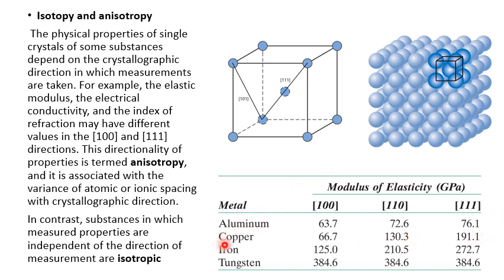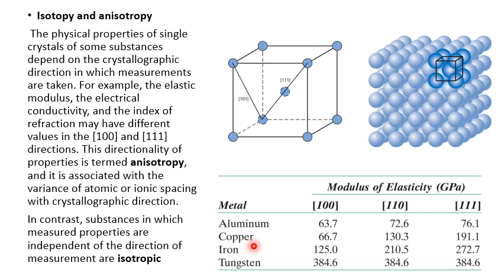Copper, which has FCC structure, like aluminum, exhibits more significant anisotropy. This phenomenon is called anisotropy. Anisotropy is the phenomenon that we have different mechanical or physical properties, depending on the direction in which the measurements are taken.